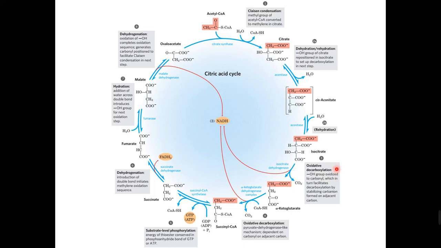This is called oxidative decarboxylation. The OH group is oxidized to a carbonyl group, which in turn facilitates the decarboxylation by stabilizing the carbanion formed on the adjacent carbon, and carbon dioxide is also liberated. So we are exhaling carbon dioxide, and that carbon dioxide is coming from the Krebs cycle.